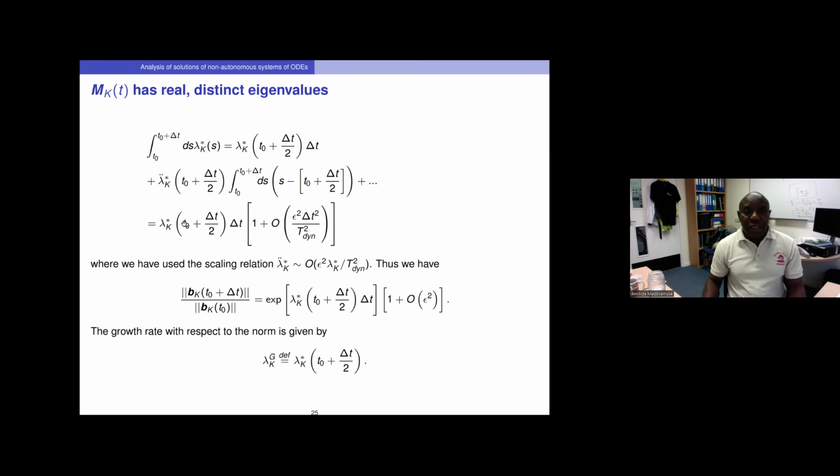Similarly, you can demonstrate that in the integral of these lambdas you have growth, at leading terms of delta t. Really, you have positive quantities, and I define them here as the growth rate at the bottom, which is lambda star of t naught plus delta t over 2, and therefore with that you can compute the norm of the solution when you take a small time into the future.